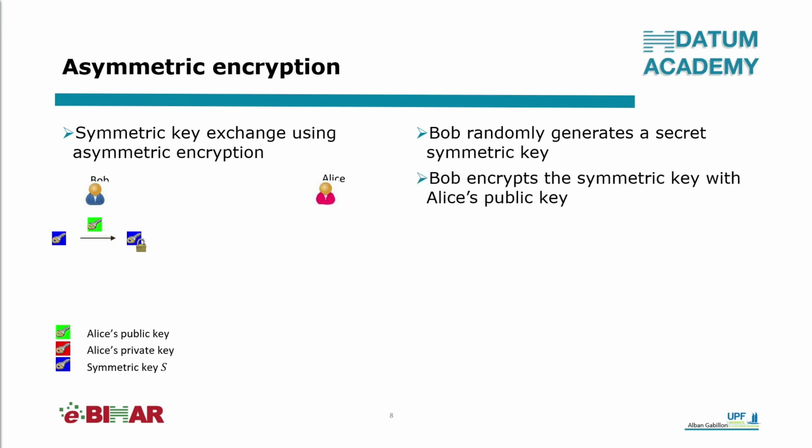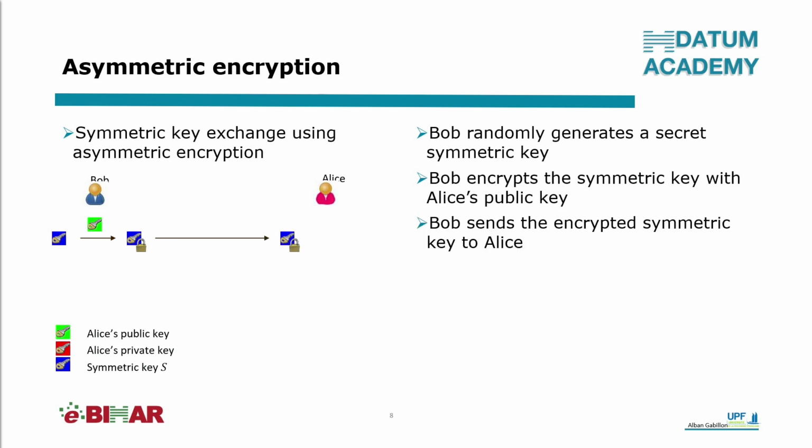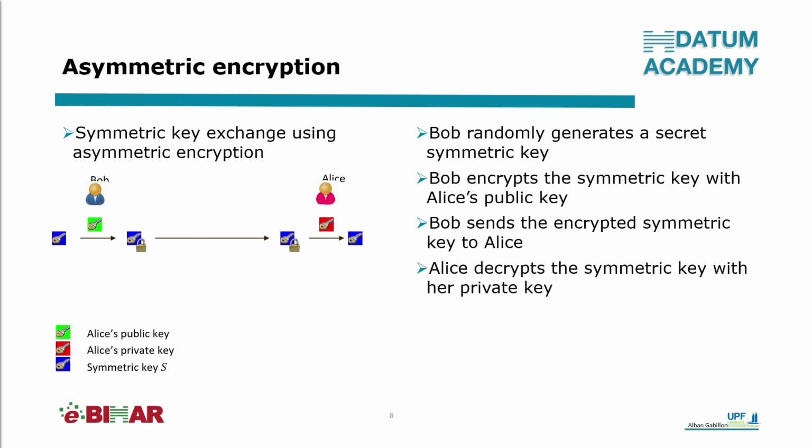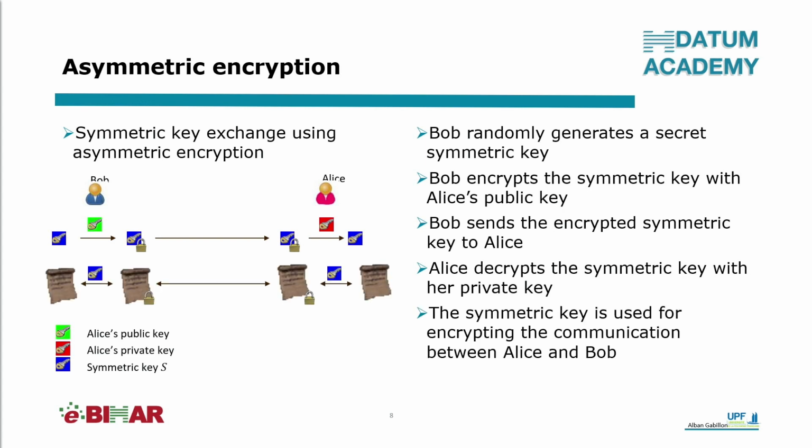Bob encrypts the symmetric key with Alice's public key by using an asymmetric encryption system like RSA. Bob sends the encrypted symmetric key to Alice. Alice decrypts the symmetric key with her private key. The symmetric key is used for encrypting the communication between Alice and Bob.